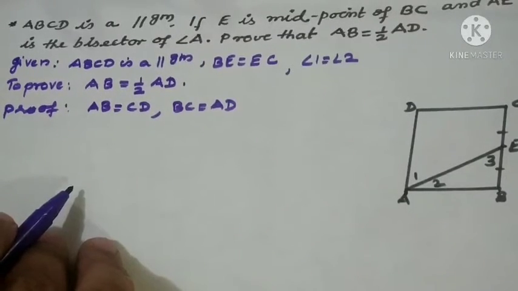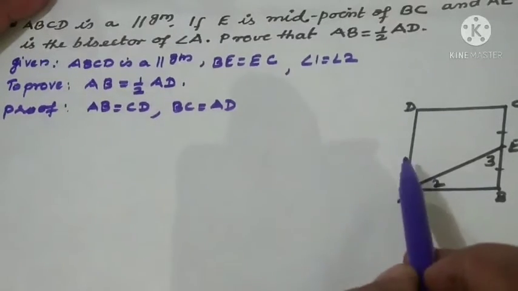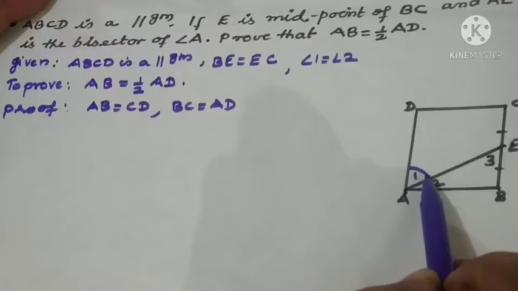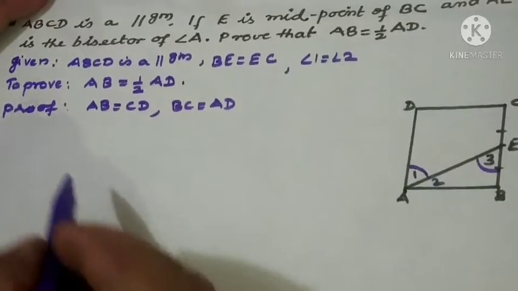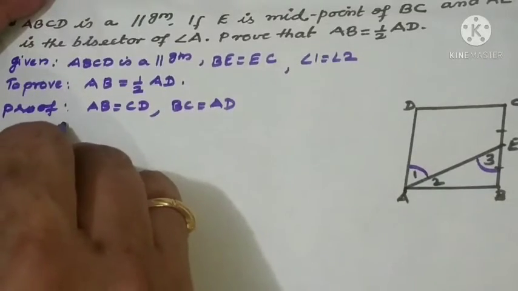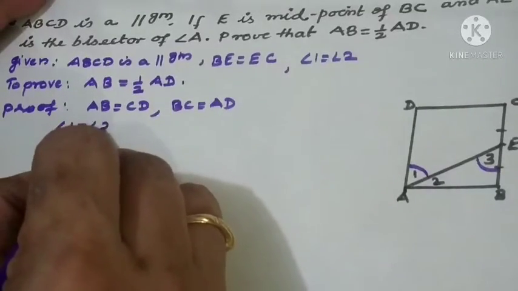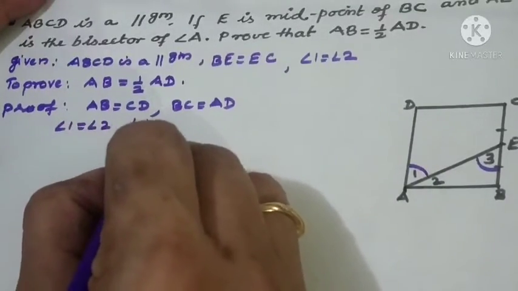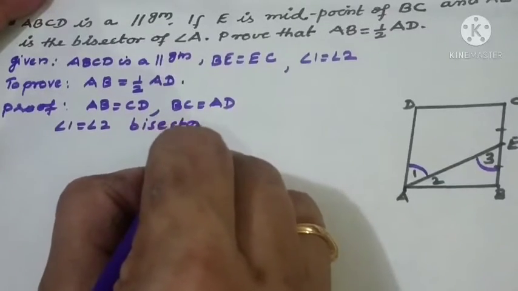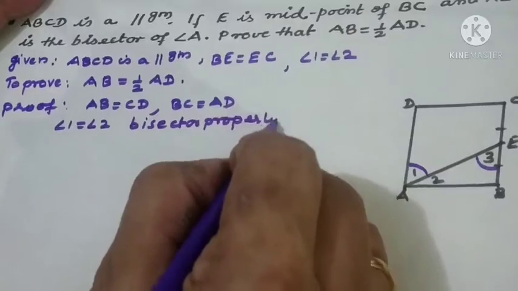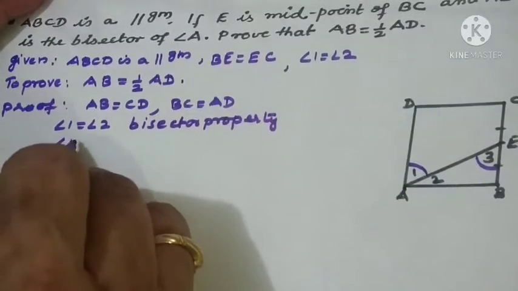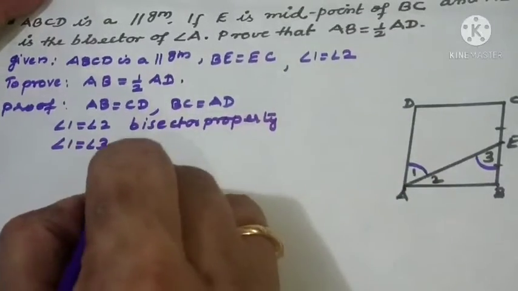Next, angle 1 and 3 if we consider, what you can say? Because this is a parallelogram, right? And 1 and 3 will be the alternate interior angle. So we can write that angle 1 equal to angle 2 bisector property. Angle 1 equal to 3 alternate interior angle property.